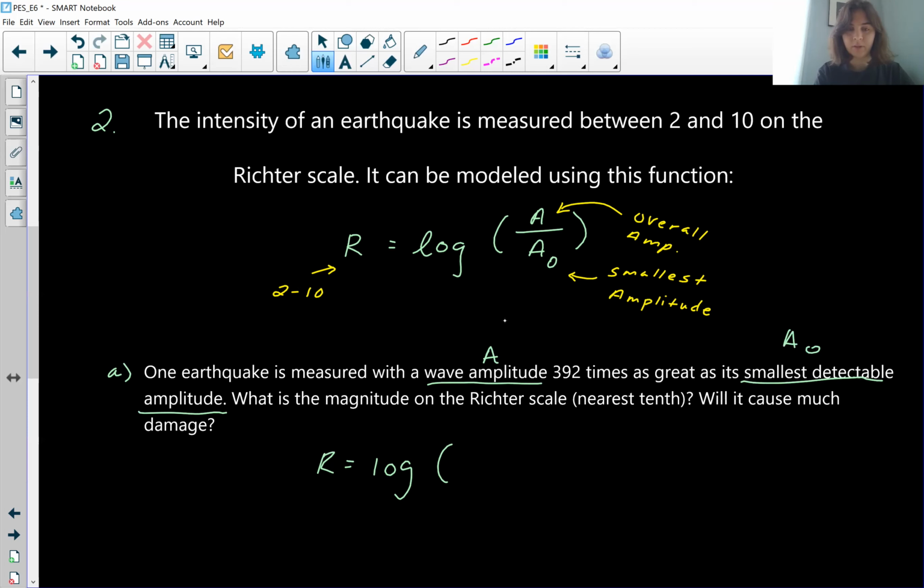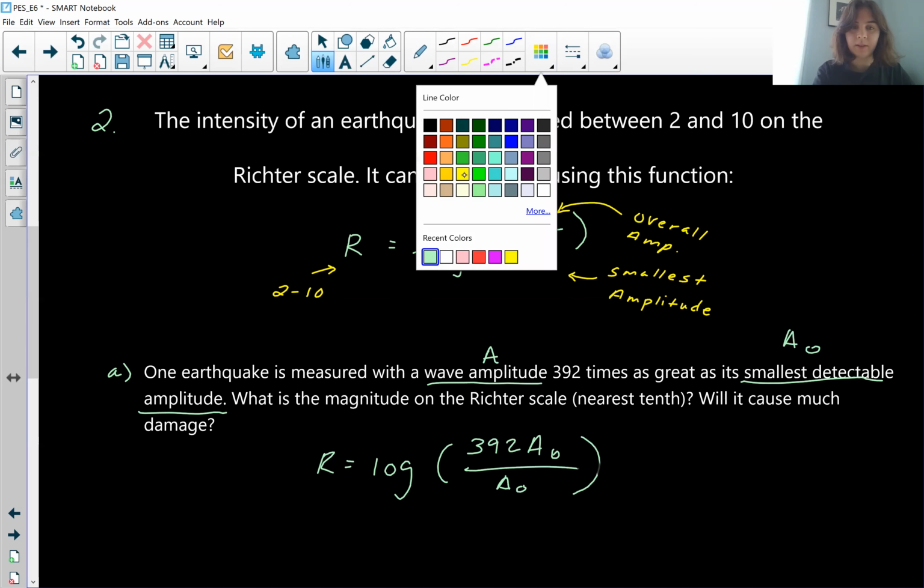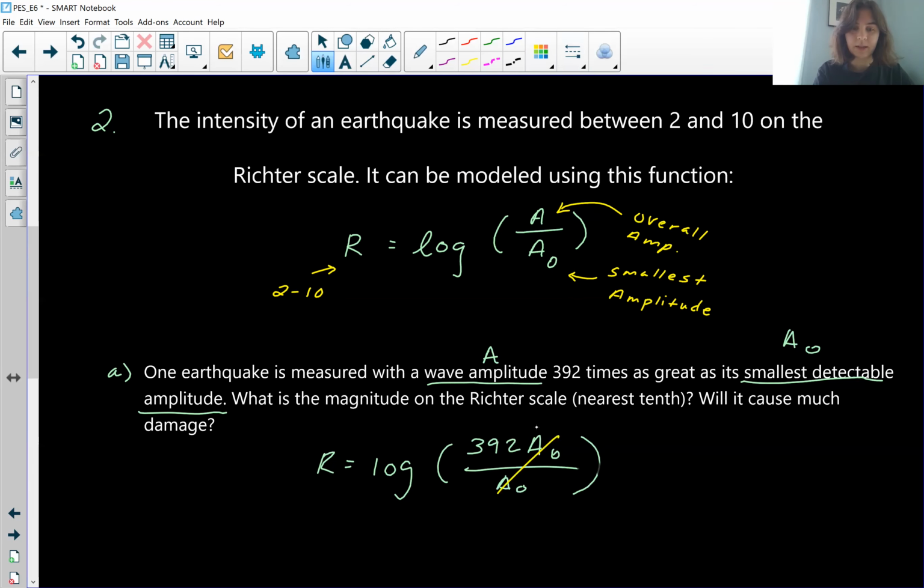So we can substitute a for 392 times a0, because it's 392 times as great. And then that's going to be over our regular a0. So obviously, these are going to cancel. And so we're really just doing the log of 392, which ends up being approximately 2.6.